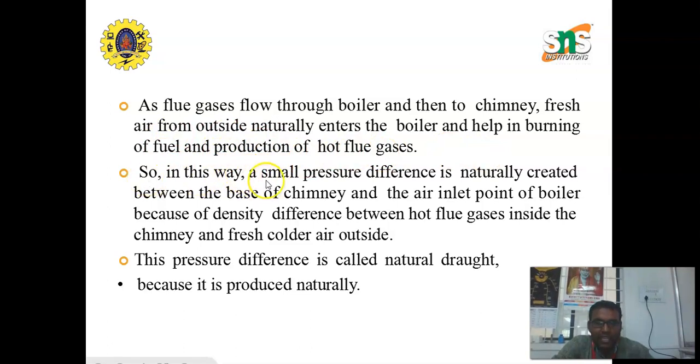So, in this way, a small pressure difference is naturally created between the base of the chimney and the air inlet point of the boiler because of the density difference between hot flue gases inside the chimney and fresh colder air outside. This pressure difference is called natural draught because it is produced naturally.